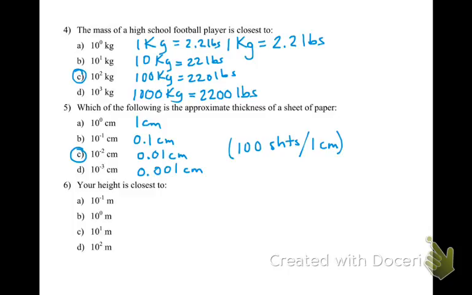Your height. And people are like, well, I'm way different height from the person sitting next to me. I understand, but let's try and figure out what our best option would be. 10 to the negative 1 is 0.1. Then we have 1 meter, 10 meters, and 100 meters. Okay, so 0.1 meters is actually 10 centimeters.